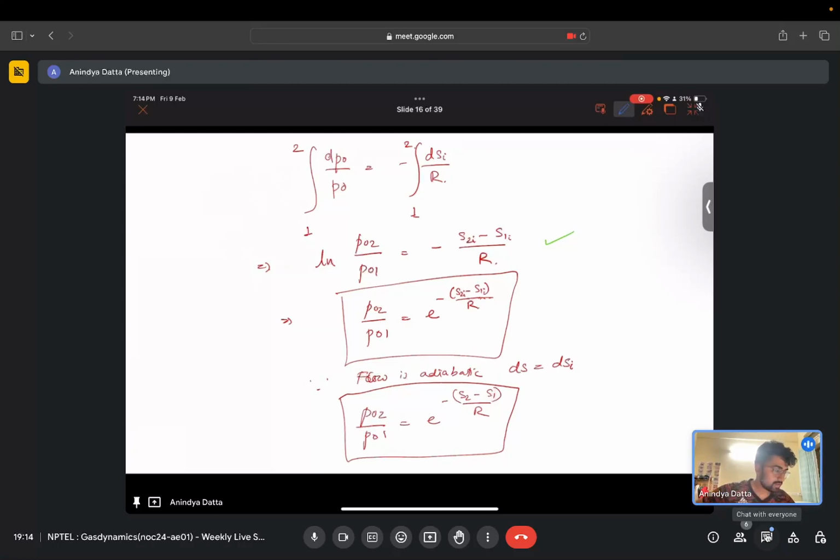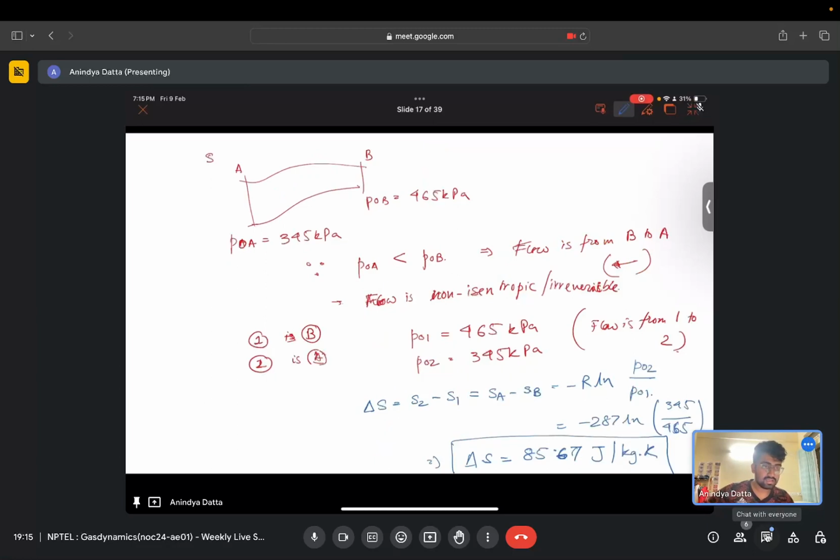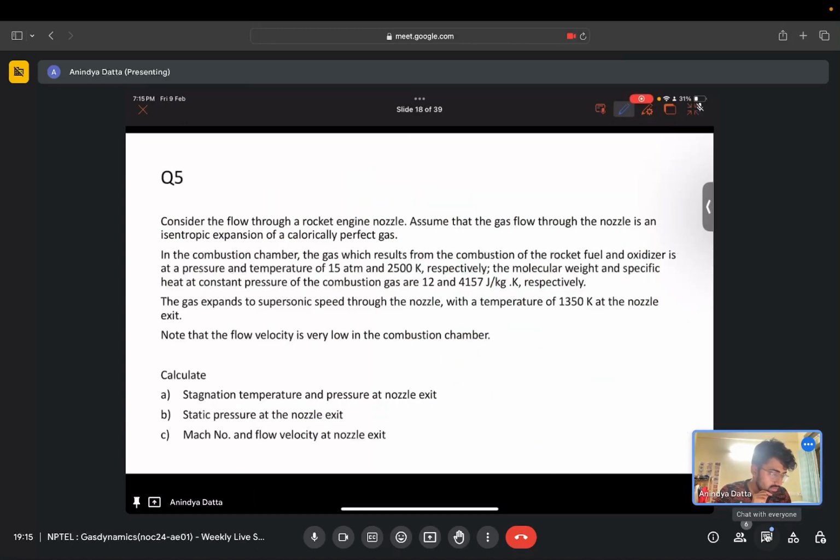We can also see from this equation that if there is no change in entropy, the flow is isentropic, and obviously P02 will be equal to P01. I guess the concepts about how stagnation temperature and pressure change depending on the flow process are clear. Let's move on.